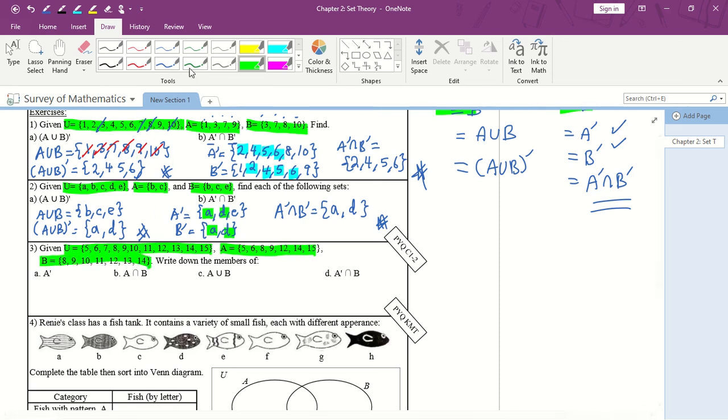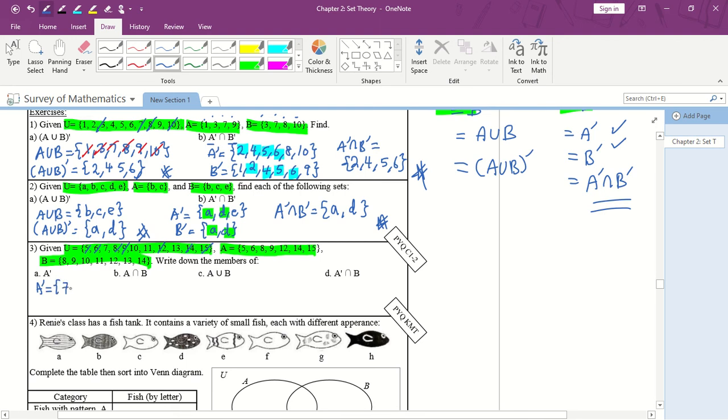Now, the first question asks, find A prime. A prime is kind of easy. You just need to cut A off from the U: 5, 6, 8, 9, 12, 14, 15.